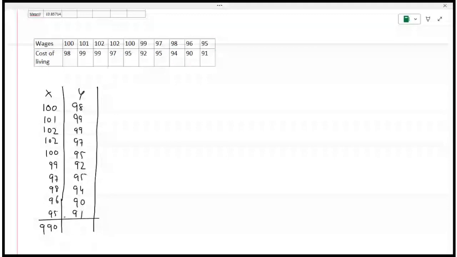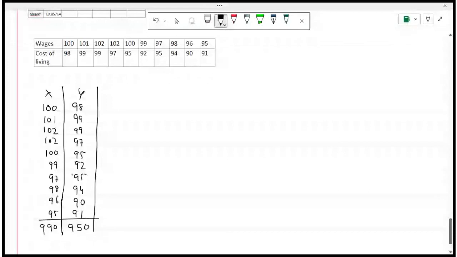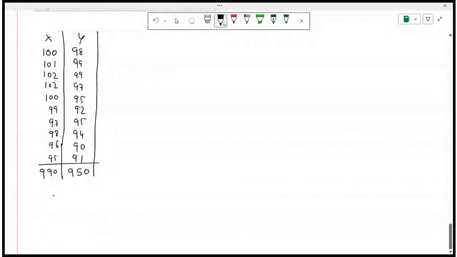Okay. So now we will check how many values we have. 1, 2, 3, 4, 5, 6, 7, 8, 9, 10. Okay, good. So x bar is the sum of x values divided by the total number of values. The sum of x values is 990 and the total number of values is 10, so we get 99.